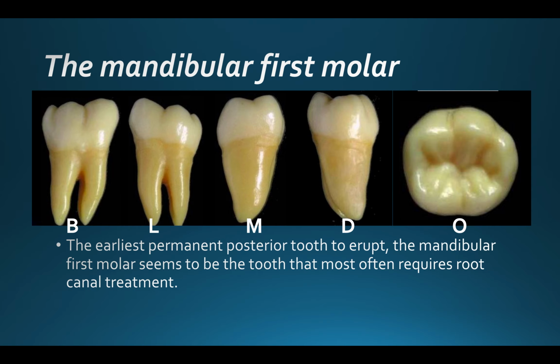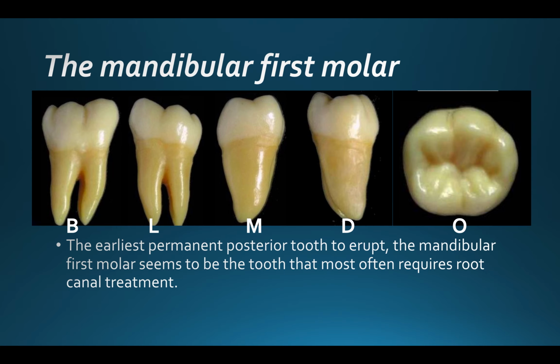It has 4 major cusps: the mesiobuccal, mesiolingual, distobuccal, and distolingual, and a small 5th distal cusp. And that's how you can distinguish between right and left mandibular first molars. It is wider mesiodistally than buccolingually.